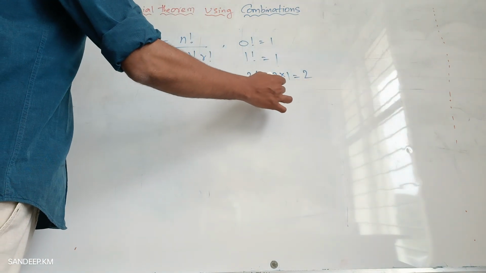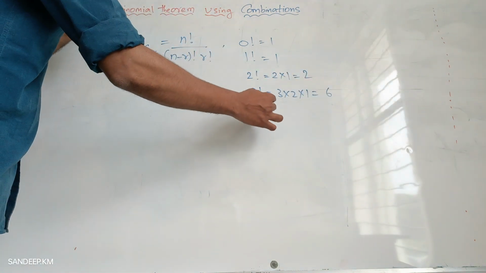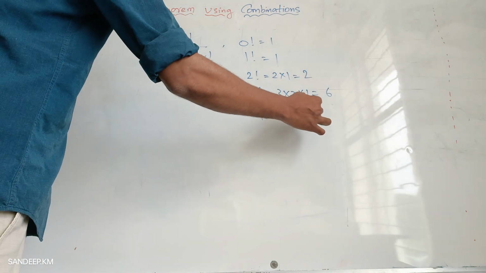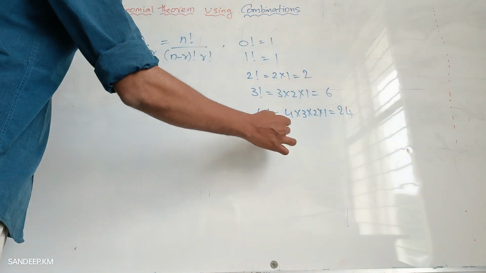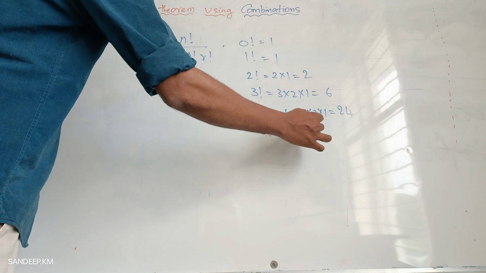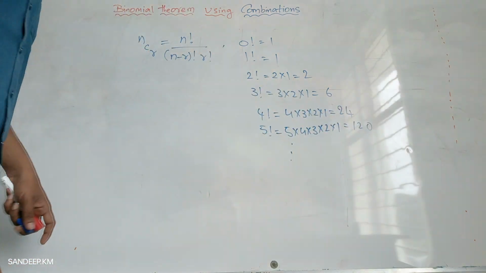Then 3 factorial is 3 into 2 into 1, which is 6. 4 factorial is 4 into 3 into 2 into 1, which is 24. 5 factorial is 5 into 4 into 3 into 2 into 1, which is 120, and so on. So these are about factorials.